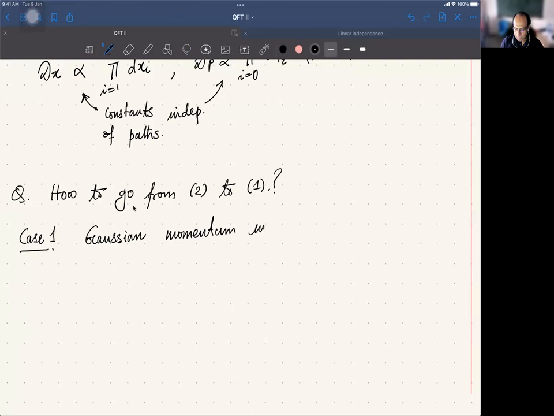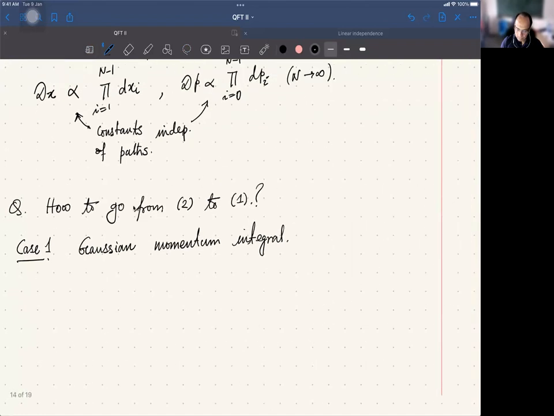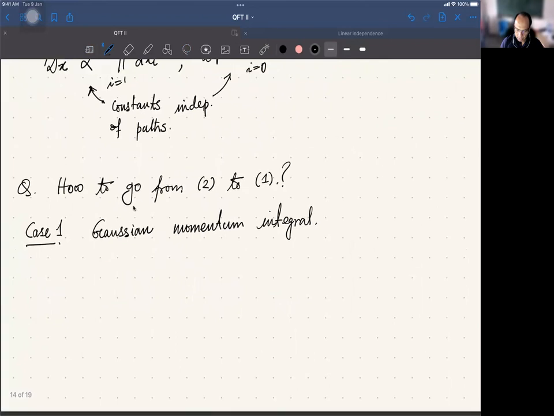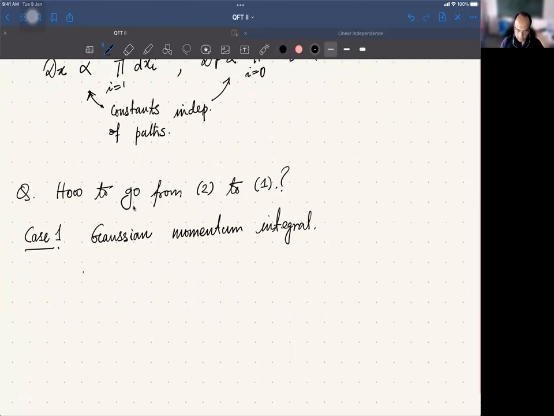This happens when the Hamiltonian is given by p hat square by twice m plus V of x hat, and this gives you that function h of p comma x to be exactly the classical Hamiltonian that we are familiar with.